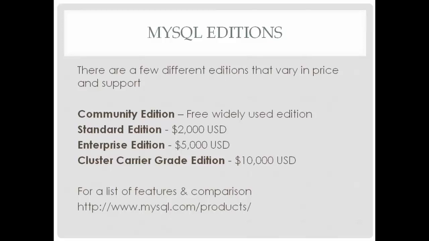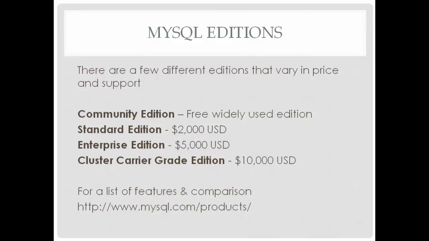Alright, so there's a few different editions or versions, I guess is a better word. We have the Community Edition, which is what we'll be using, which is what is widely used, and that's free, open source, and free. Then we get into the commercial editions, which are extremely expensive, as you can see. The standard edition is 2,000 USD, the enterprise is 5,000, and then the cluster carrier grade edition is 10,000.